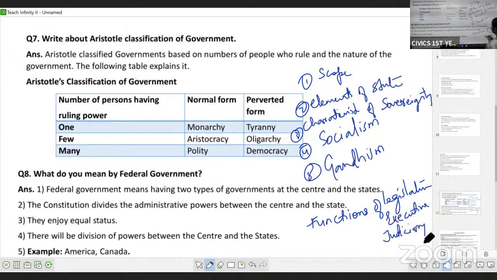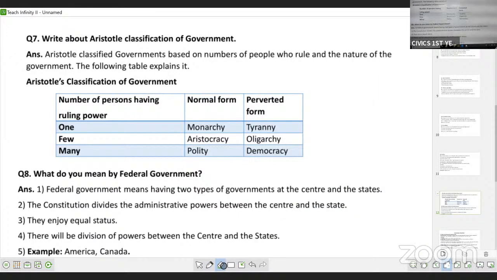You will get one for sure out of this 11th chapter. If you are learning these 3, you will get one question. So if you learn these questions, you can write 3 questions. These are the important LAQs.